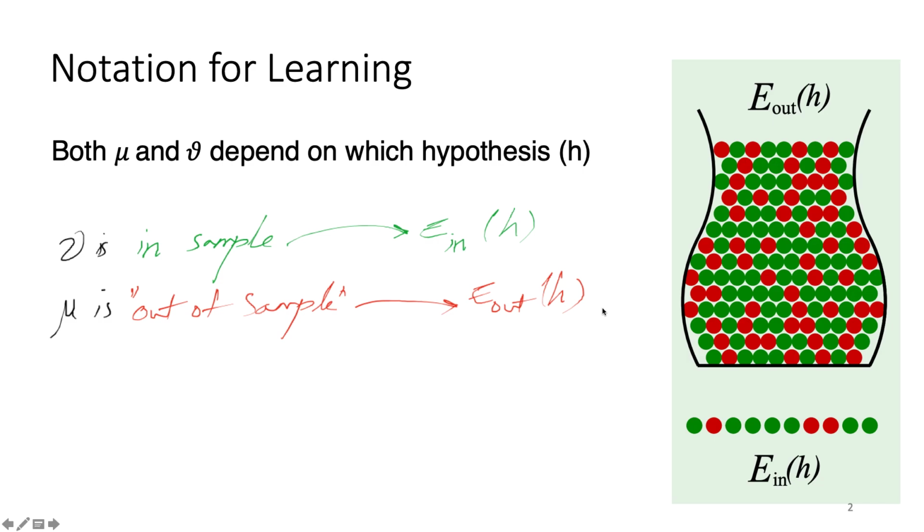So nu was the in-sample. For instance, if we take 10 samples, in this case we have 3 reds and 7 greens, right? And the rest were already inside the big jar, so they're out of the samples that we took. That's why we call them out of sample, or we show them by the notion E out.